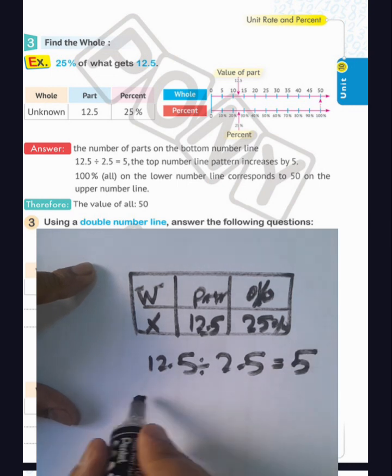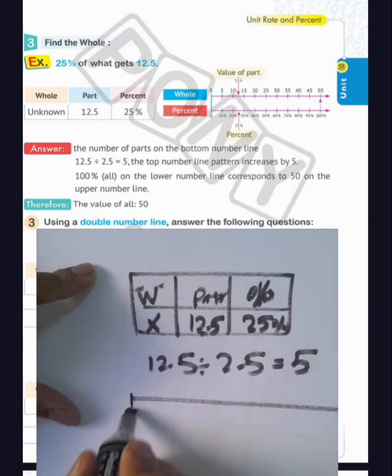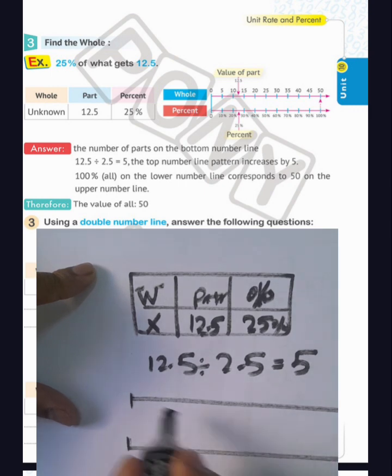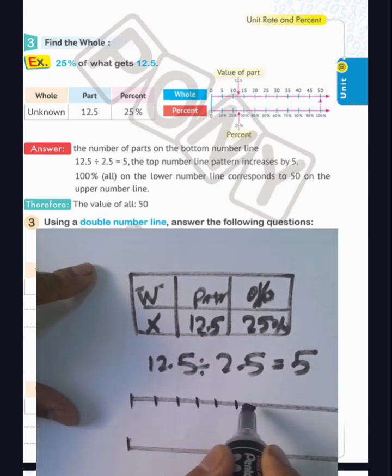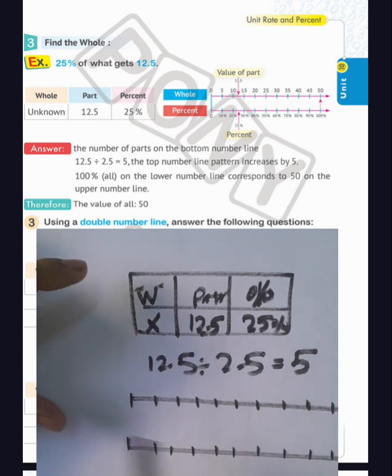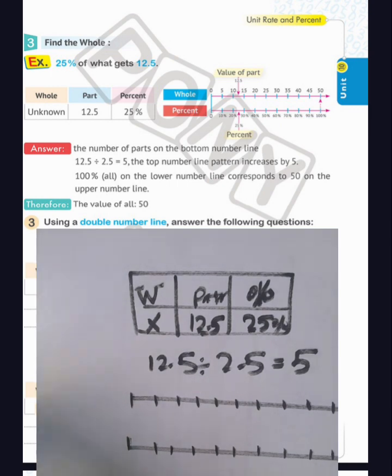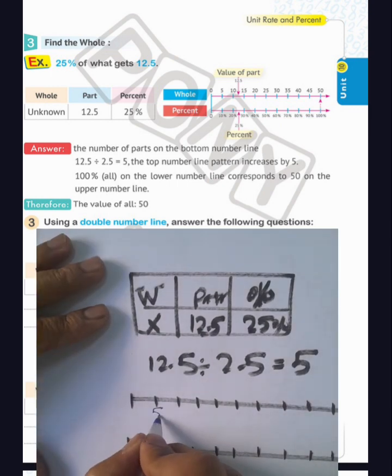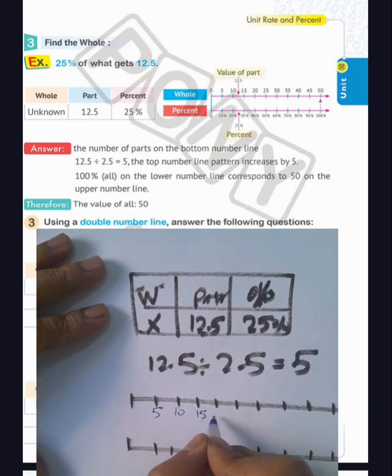It means what? We will draw a number line here and we will add 5 each time. Okay, and here write 5, 10, 15, 20, 25, 30, 35, 40, 45, 50.